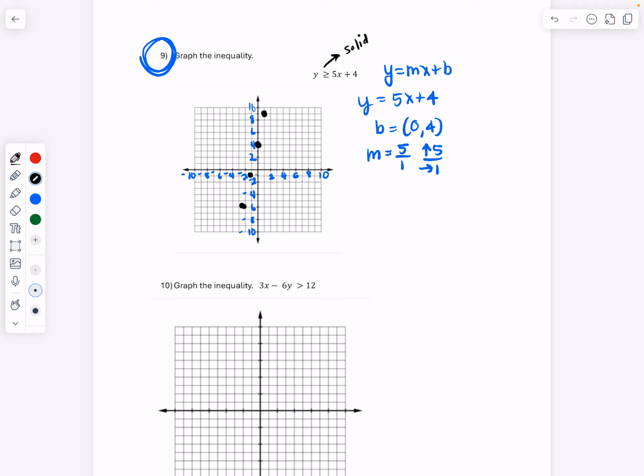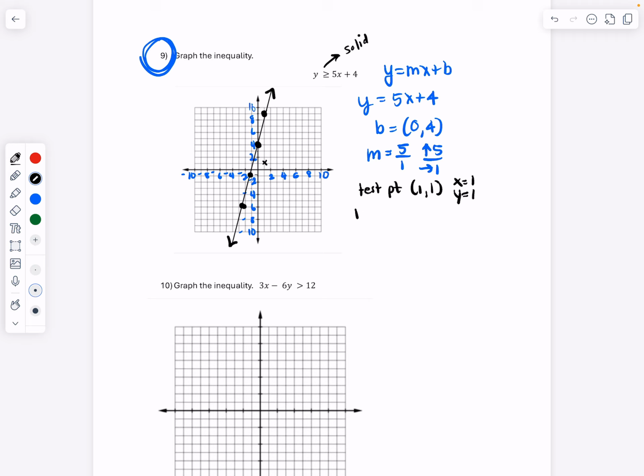Now that I have that plotted, I'm going to do a solid line, and put arrows on the end, but I'm not done. I have to do a test point, and I'm going to use test point (1, 1). I plug this into the original: x equals 1, y equals 1.